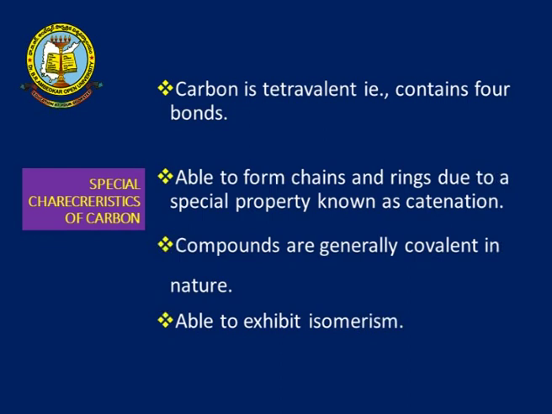Covalent in the sense they are stable. That is another important point. And lastly, carbon exhibits isomerism. So, these 4 points make carbon very special in nature, and a special chemistry has been framed because of the numerous compounds it is able to produce.